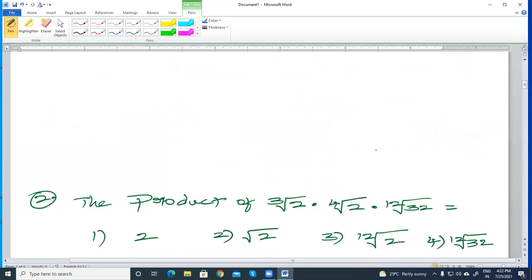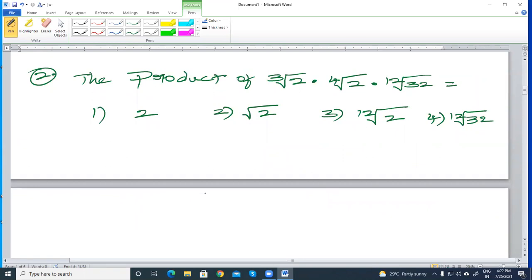So next thing, the product of cube root 2 into 4th root 2, into 12th root 32.